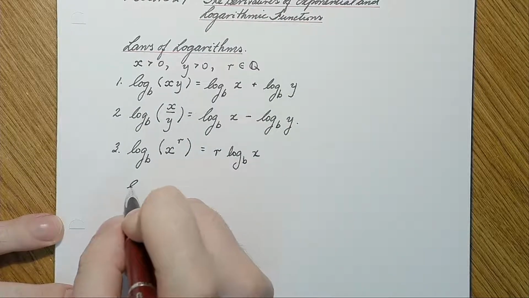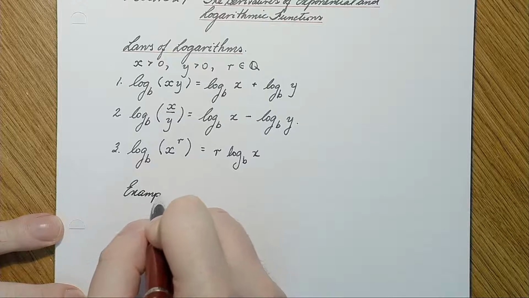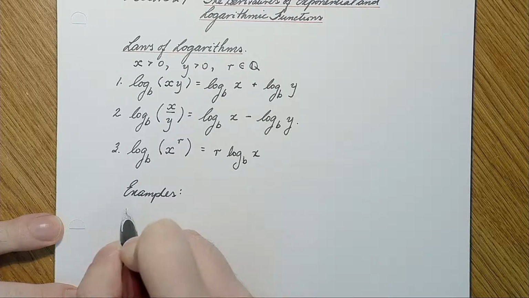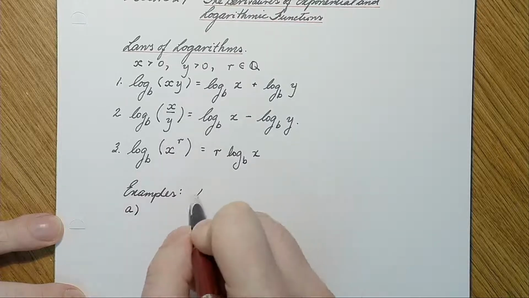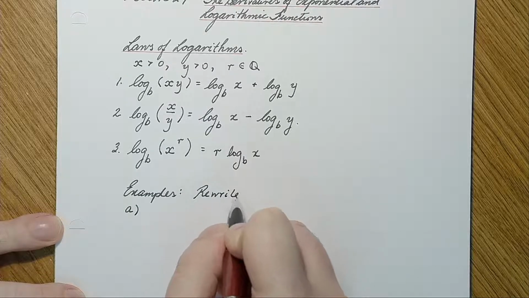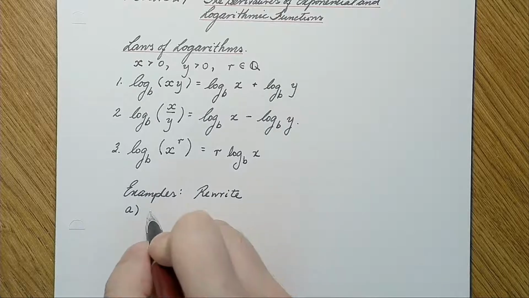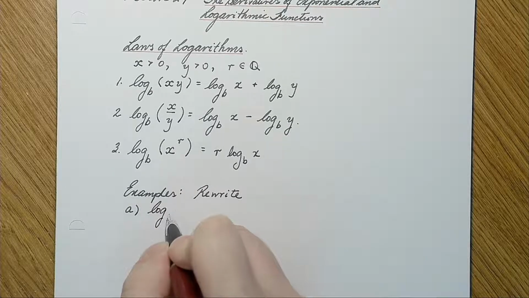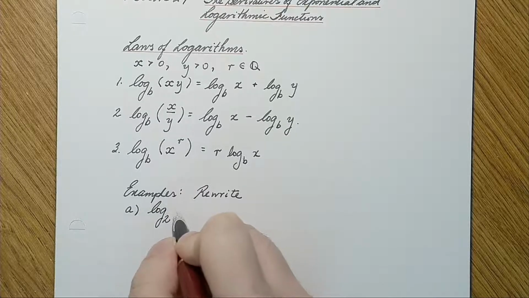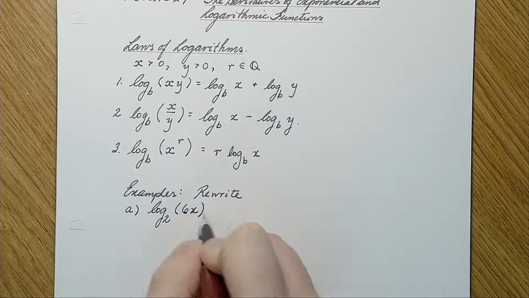So in terms of that, here are some examples. The instruction would be like, rewrite. So we can have log to the base 2 of 6x.